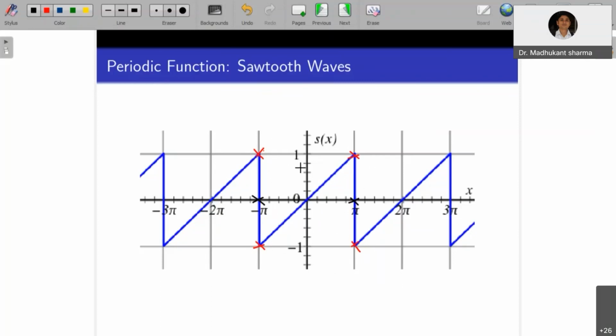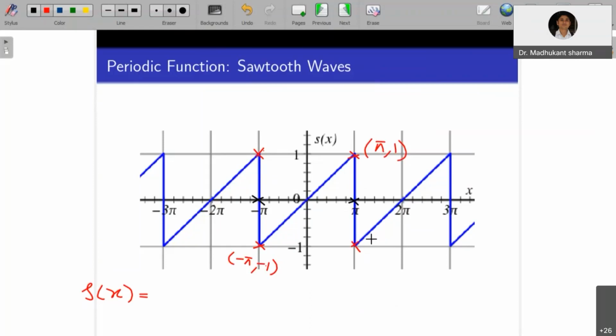Okay, if you want to represent this curve, what will it be? Mathematically, if you want to represent this curve over, let's say, the interval minus pi to pi, s of x is equal to... you have this point, minus pi comma minus 1, and this point, pi comma 1. So you have 2 points.